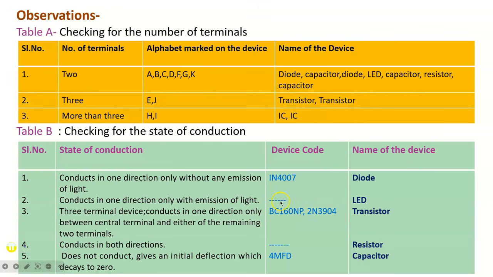There is no specification on the device. 3 terminal device conducting in one direction only between the central terminal and either of the remaining 2 terminals: BC160NP, 2N3904, these are the transistors. Conduct in both directions: resistors. Does not conduct, gives an initial deflection which decays to 0, 4 MFD written on the device, and this is a capacitor.